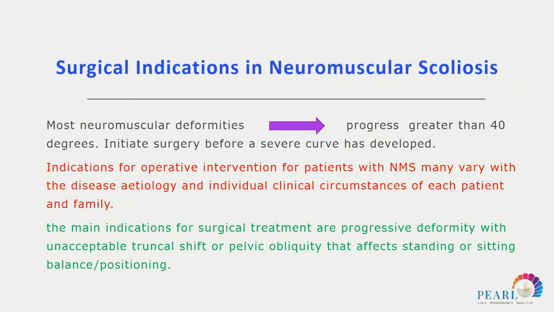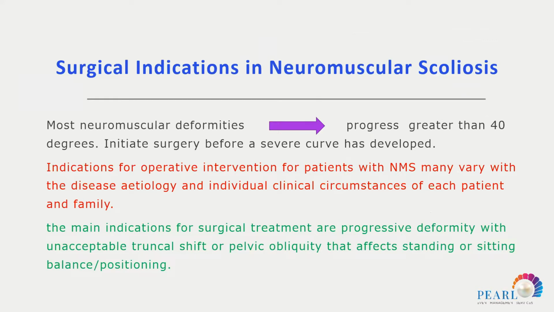But in neuromuscular patients, it's a little bit different. Most neuromuscular deformities progress beyond 40 degrees, and we initiate surgery before the curve becomes very severe. Indication for the operation depends on every case itself and the family.